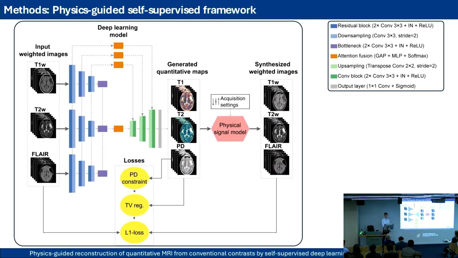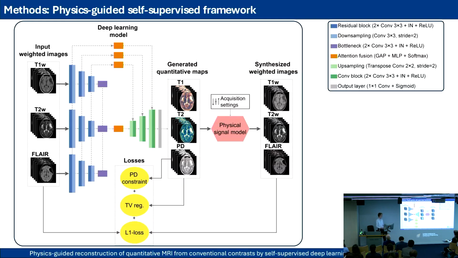and proton density. And then to train this model, we add the physical signal model module that takes as input these generated quantitative maps, but also the acquisition parameters of the input contrasts. With that, we can resynthesize these conventional MRI scans and train the deep learning model by calculating a self-consistency loss between the input and the synthesized images, and we do that using an L1 loss in this case.